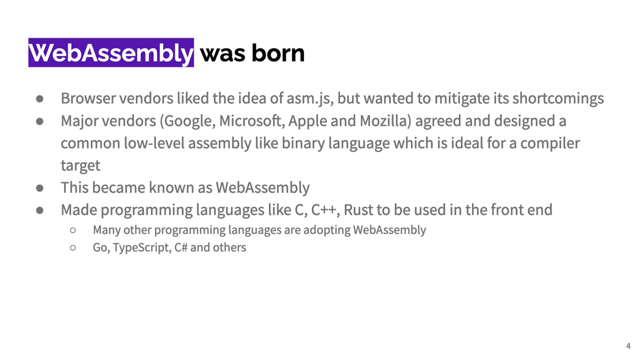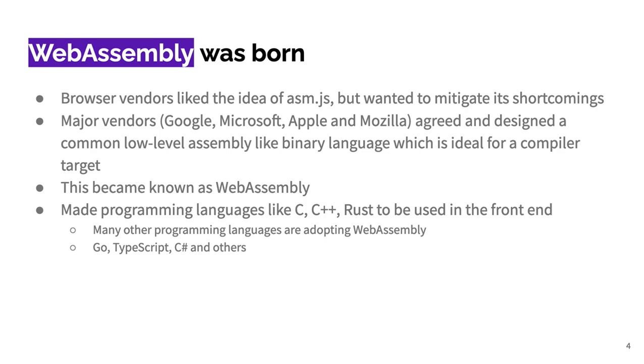So what they thought was, why do we need to compile or transpile another language into JavaScript? Why not convert or compile that into a common language, just like what we do in a conventional programming language to execute? We target that to run in a browser.